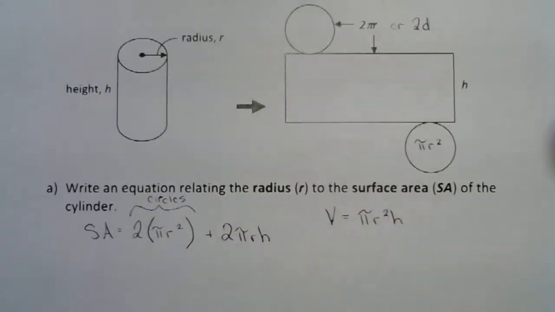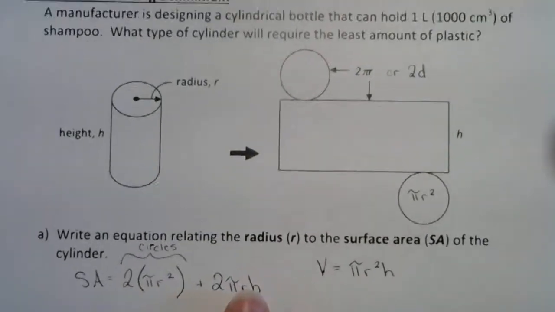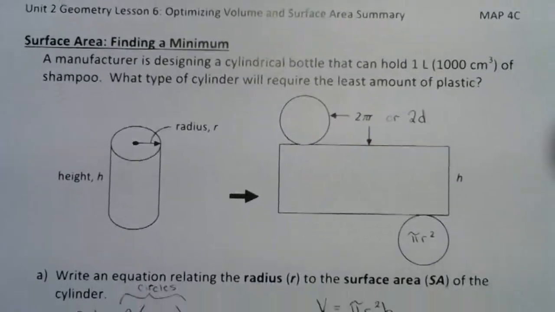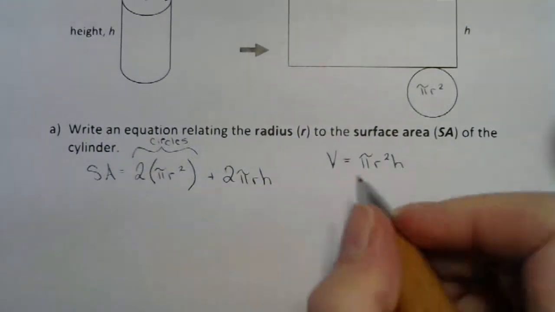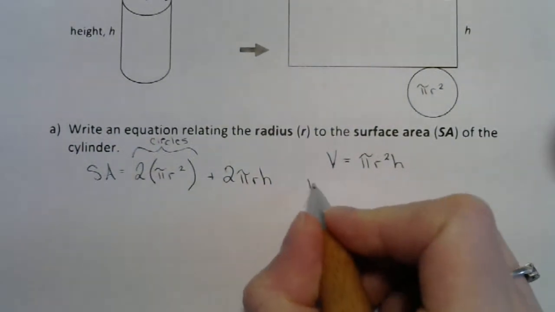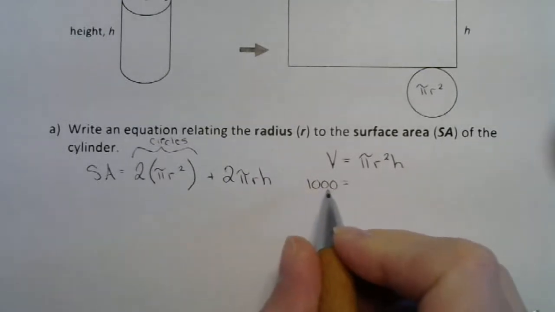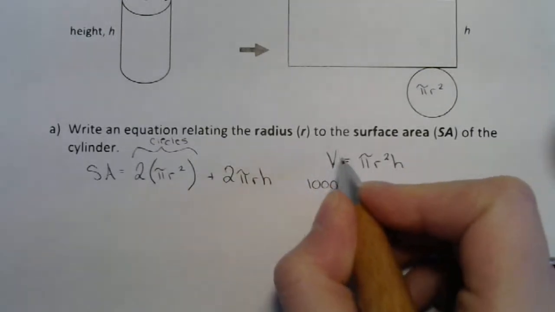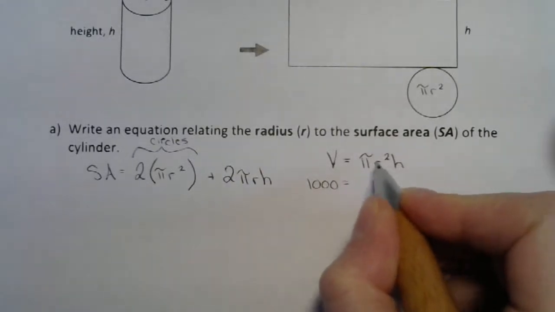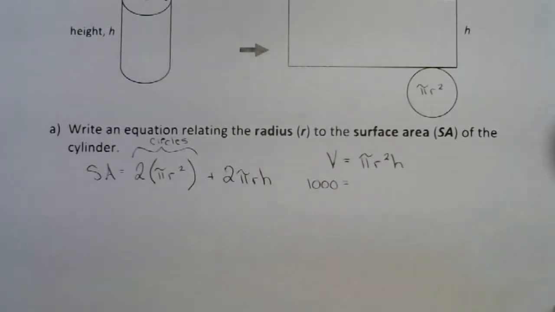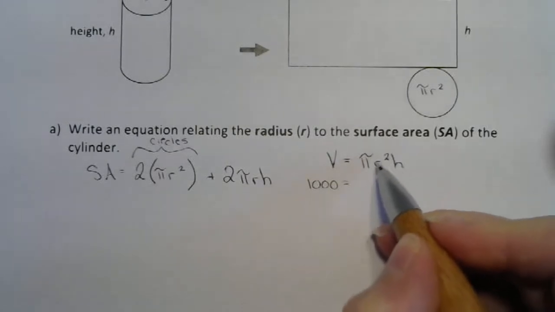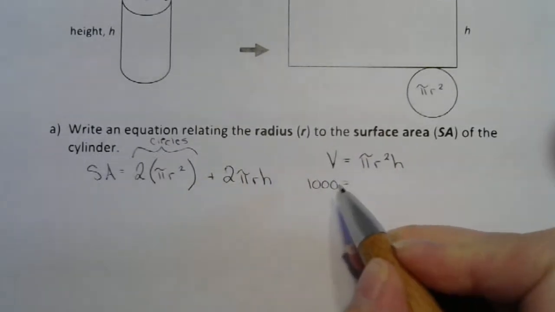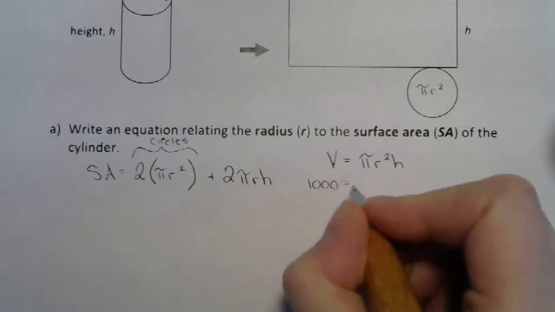And in this question, we have a required volume of 1,000 centimeters cubed. So we're going to want to use the number 1,000 here, not the number 1. Because if we have 1 liter here, and this is in centimeters, then our units won't work out. Okay? So if we multiply these together, r squared and an h, we're going to end up with centimeters cubed. So we put the 1,000 in there.